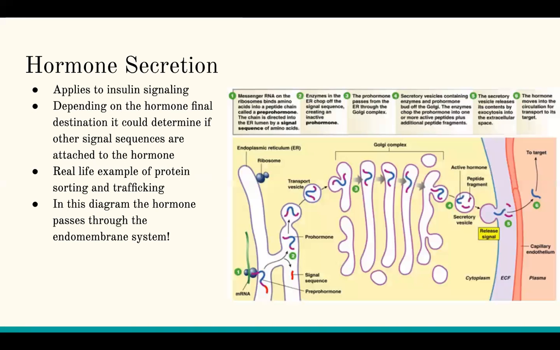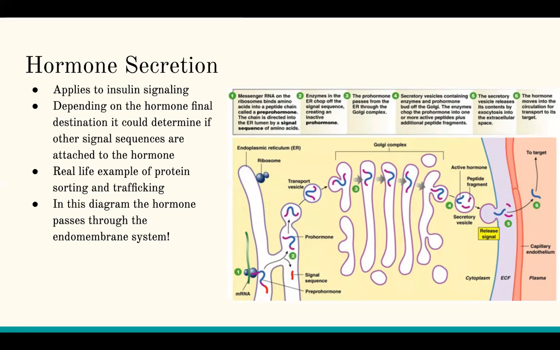All right, so now we have some secretory pathways, just some real life examples of protein trafficking, like hormone secretion. This specific example is insulin, where insulin signaling. So the hormone's final destinations from the cell, I don't know how much about hormones you guys know from either other classes or whatever, but most of them end up in the bloodstream or target organs, wherever they're going.